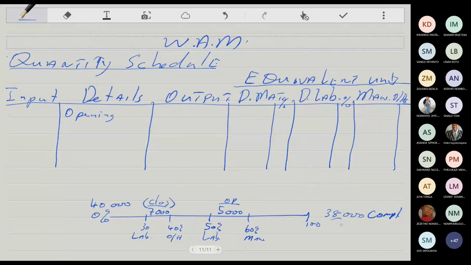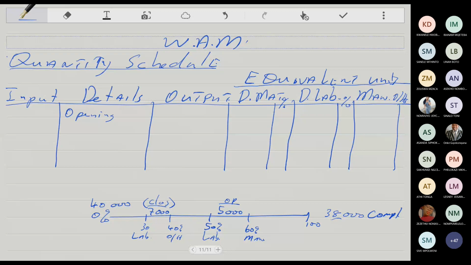Then how many units did I manage to complete? It is given for us. Out of the 45,000 units, you've completed 38,000. So automatically it tells you that the number of units that have failed to complete, which is your closing work in process, will be the 7,000. So this is a 7,000 that is between the 30% and 40%. It's like your opening plus your production.